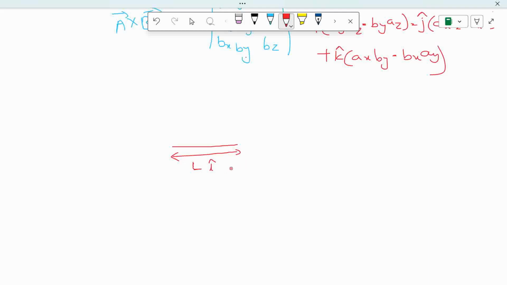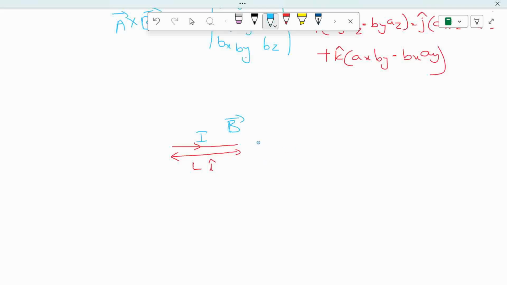Let's assume L cap is the unit vector of this, and it is carrying current I. So the magnitude of the current that it is carrying is I. Now this wire is placed in the magnetic field, magnetic flux density B bar.